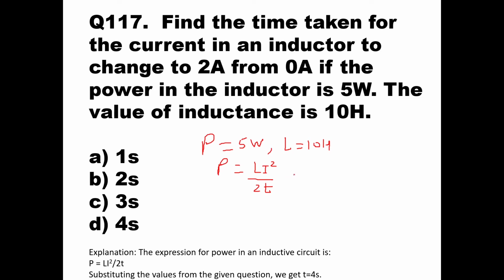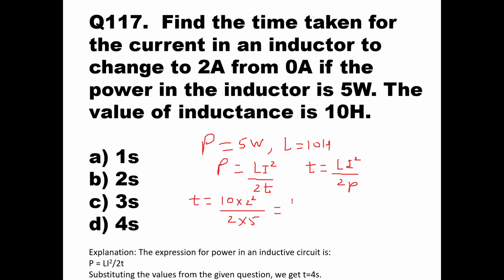If you want to find out the time taken, then this formula will be rearranged as T is equal to L I square upon 2P. Here, if you substitute the values, L is 10 Henry, I square is 2 raised to square, upon 2 into power, which is 5.